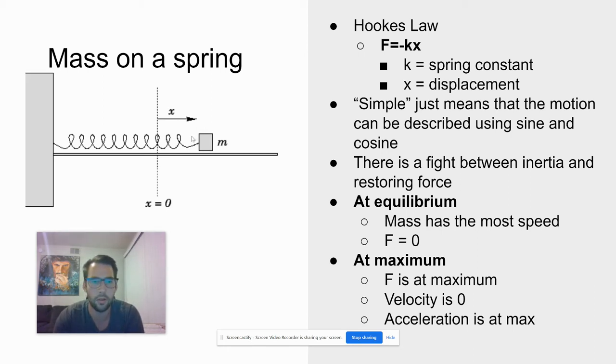And then the velocity is going to be 0 for just a second. For a moment, this mass is not going to be moving. It's going to switch from going to the right to stopping to then turning to the left. But it's going to be accelerating the most in this moment because we know that force equals mass times acceleration. So if force is maximum at this point, our acceleration is also going to be at maximum.